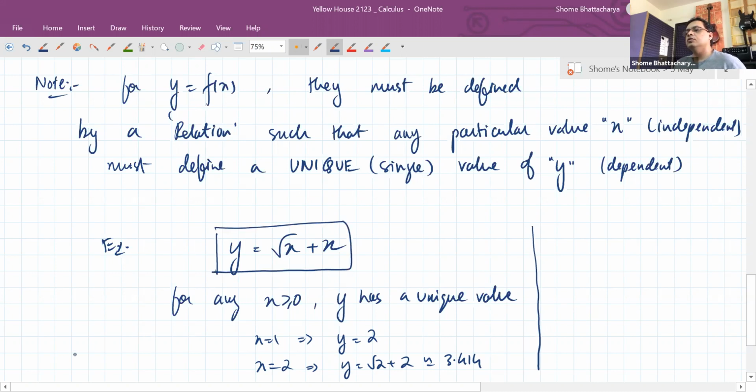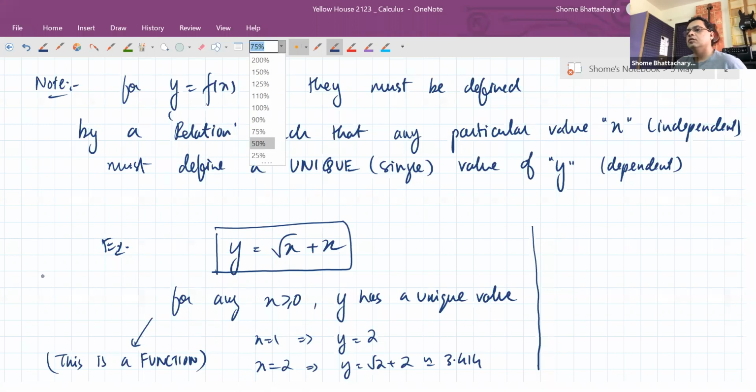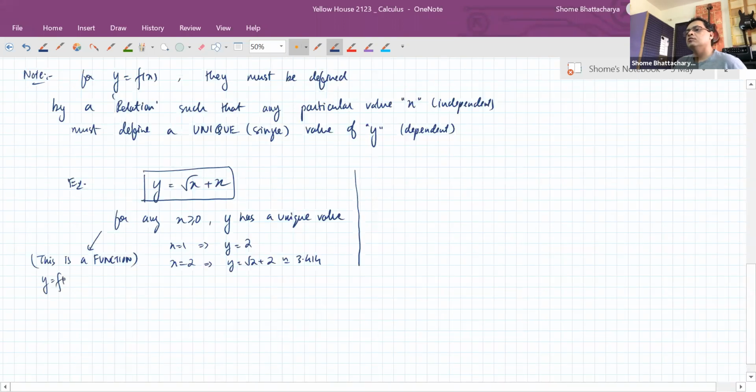So therefore, this is a function of the type y is equal to f(x), and that function is root x plus x.